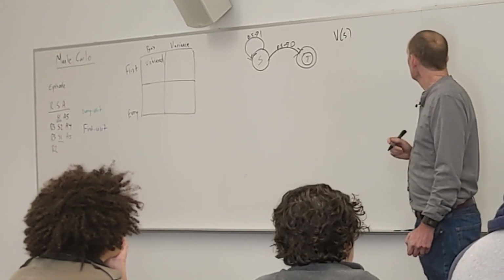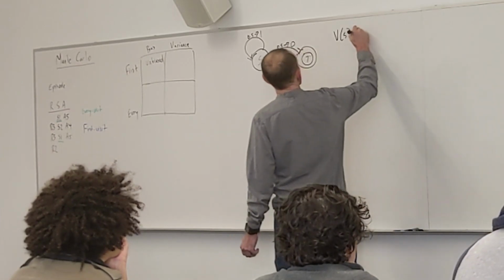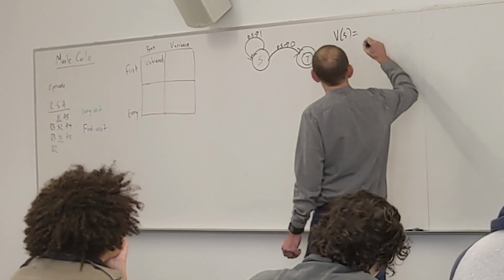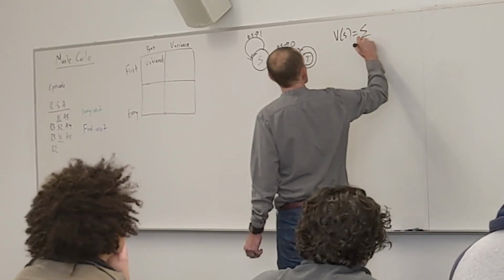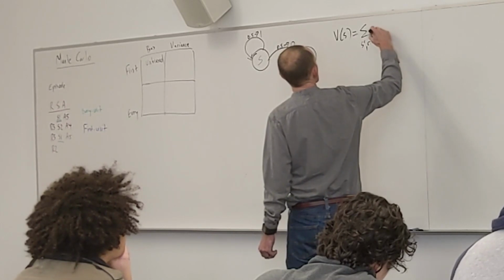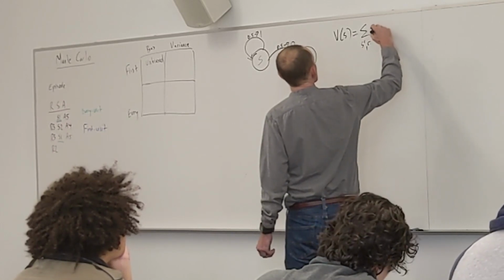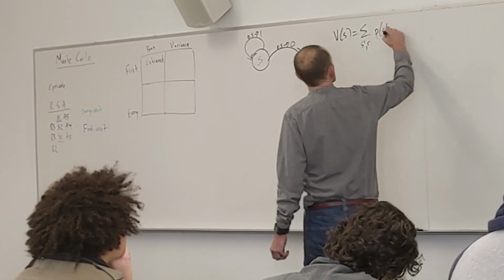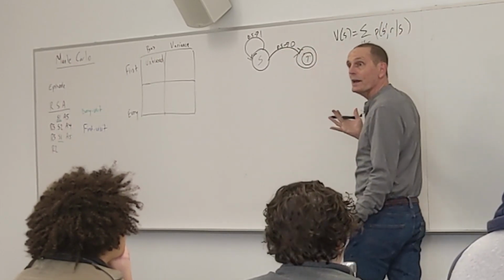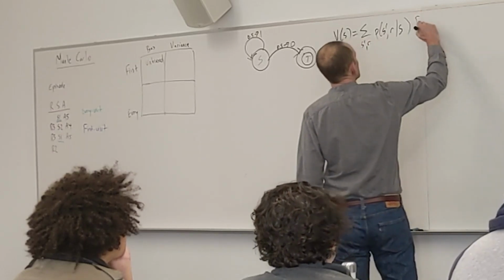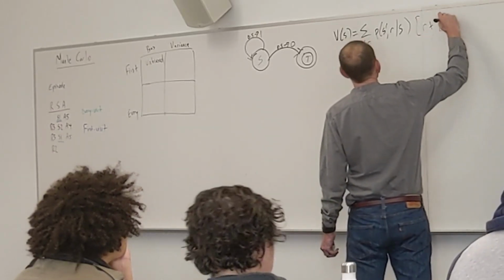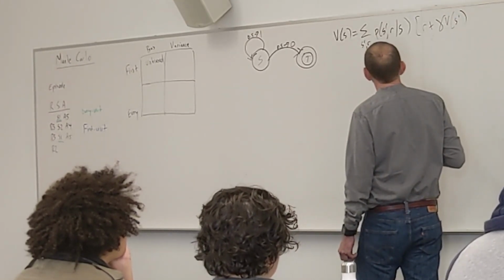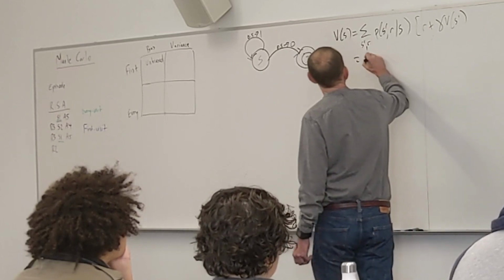So V of S, right, we don't care about the policy, and let's just kind of write it out: the sum over S prime comma R of P of S prime comma R given S. I'm going to just ignore A because we don't have an A, of R plus gamma V of S prime. Right, and we got two possibilities here.